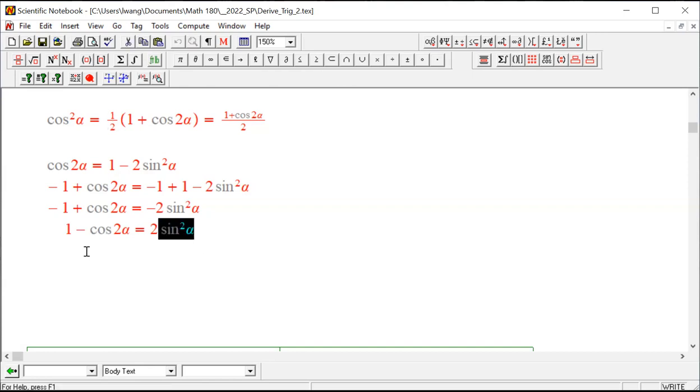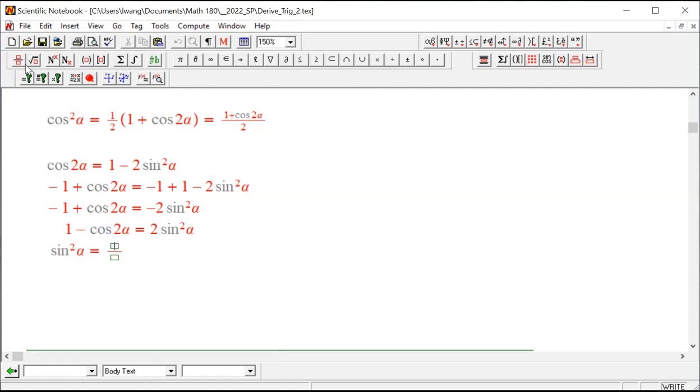Okay, so we got sine squared of alpha equals 1/2 of 1 minus cosine 2 alpha.